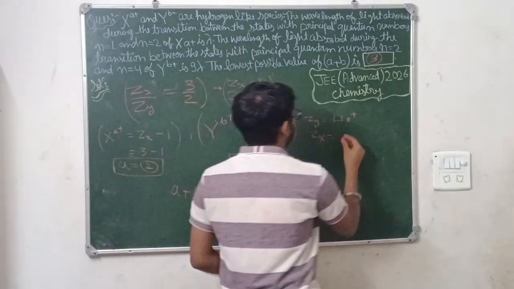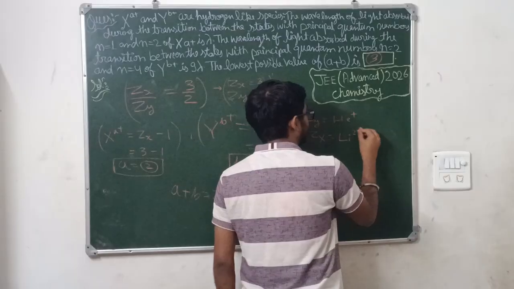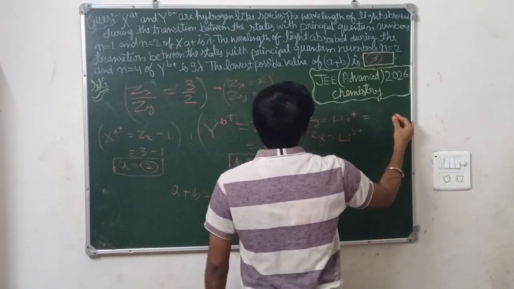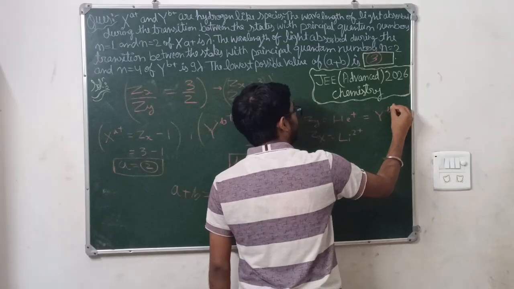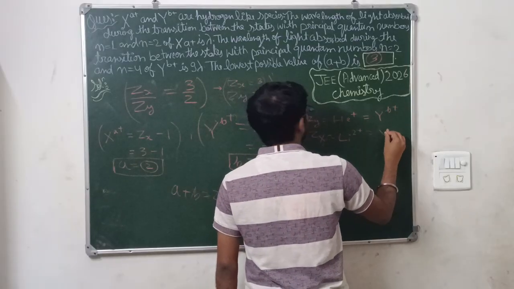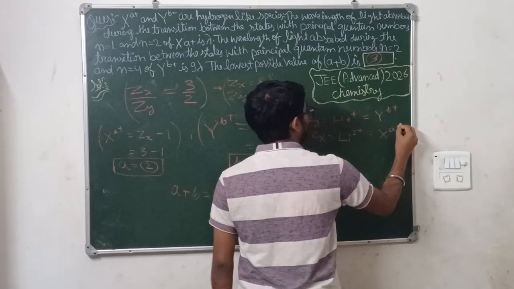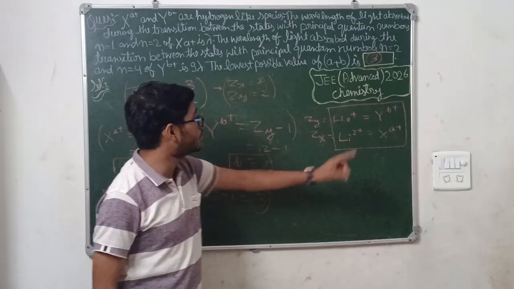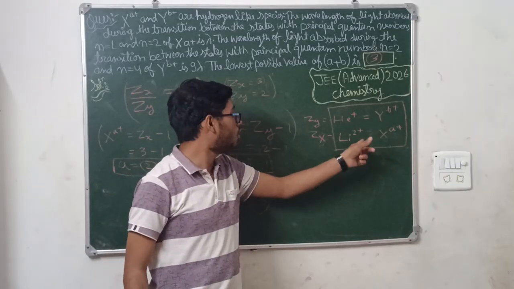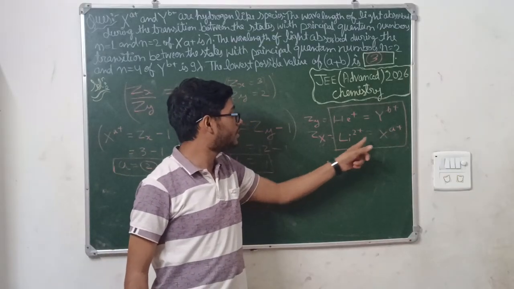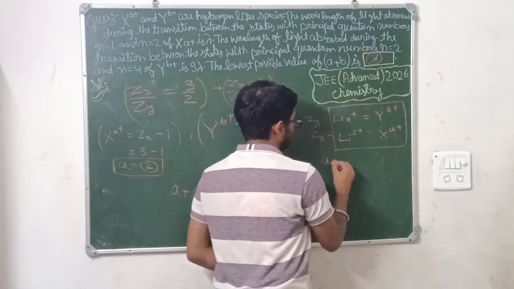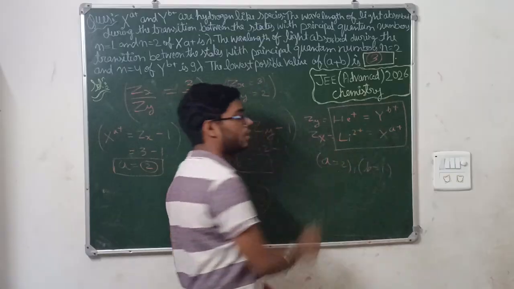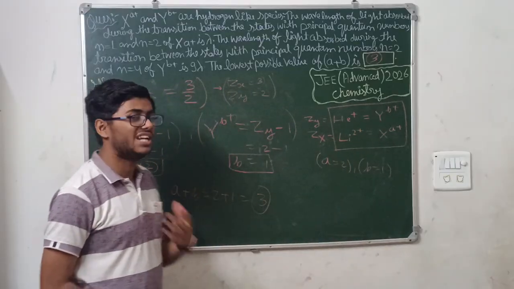Hydrogen, helium, lithium. So it would be lithium 2 plus. From here also you can compare the charge on the atom: for lithium, a is 2 and b is 1. You can go like this also, the answer would be the same.